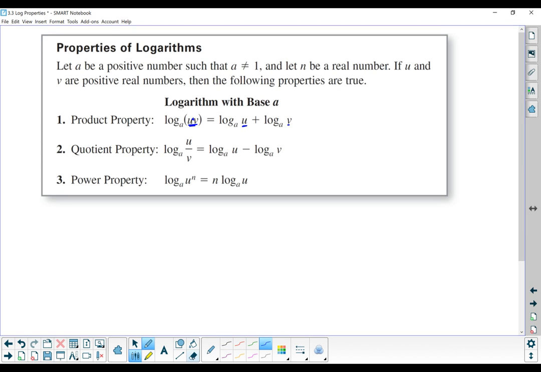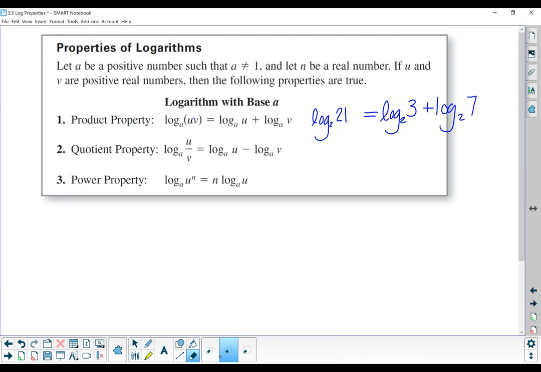A numeric example of this would be that if we had the log base 2 of 21, that would be exactly the same as the log base 2 of 3 plus the log base 2 of 7. That seems so weird, but it works. You should try it in your calculator.